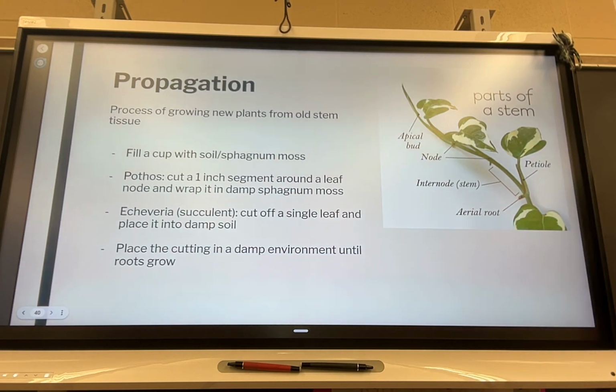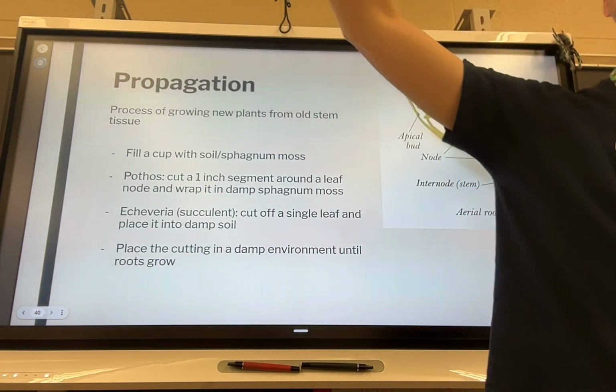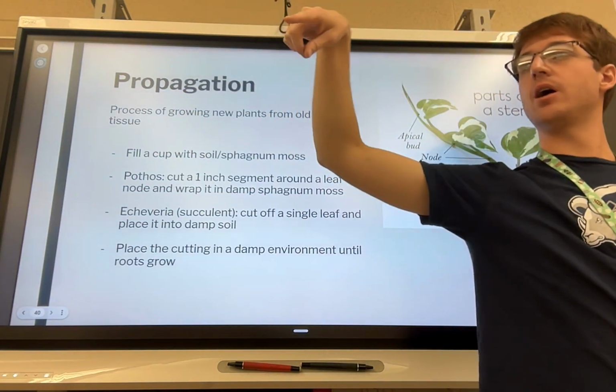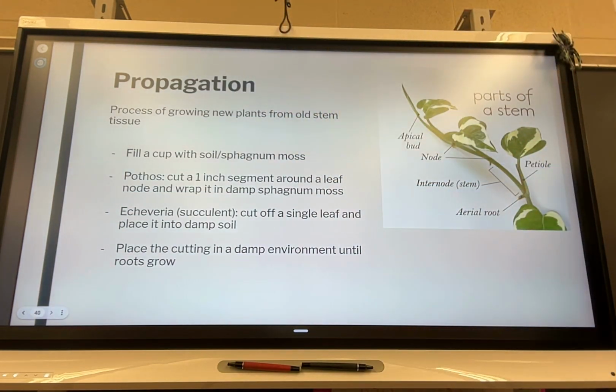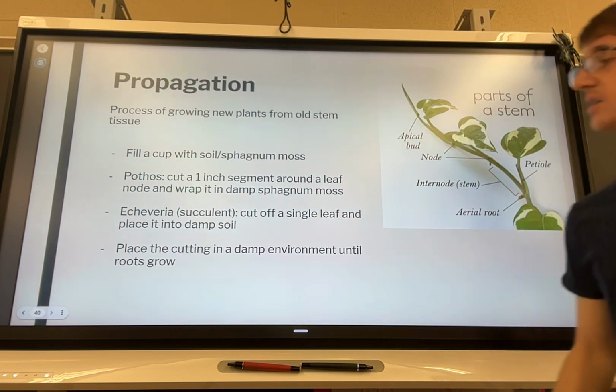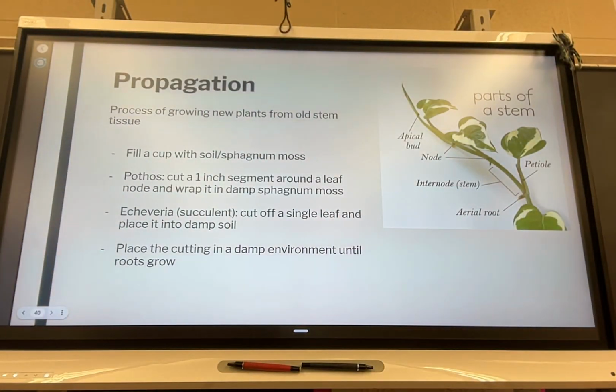Yes. So what we're going to do is I'm going to have you break up into your lab groups. I'm going to bring around cups, soil, and I forgot my sphagnum moss, so it's fine. You have 3 different options over here on the side of the room.